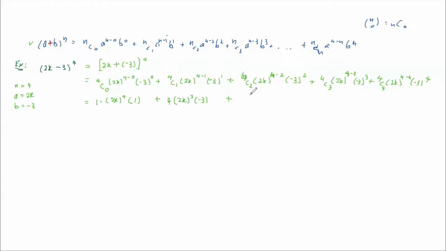What is it? Use the calculator. 4C2 is 6, so you have 6 times 2x power 2, and then negative 3 power 2. Don't forget, when the power is an even number, the sign comes out plus, correct? Because negative 3 power 2 is plus 3 times 3, which becomes 9, and the sign comes out plus. Okay, now go to the next term.